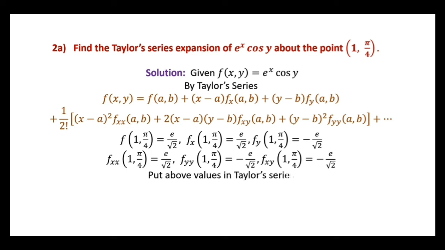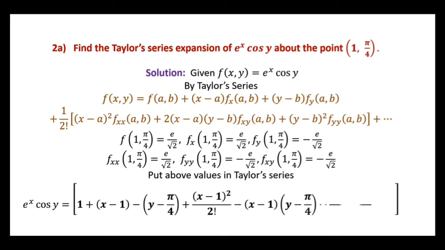Substitute these values in the above Taylor series expansion about the point (1, π/4). We have obtained this right hand side expansion as a Taylor series for the given function e^x cos y about the point (1, π/4). This is for 7 marks.